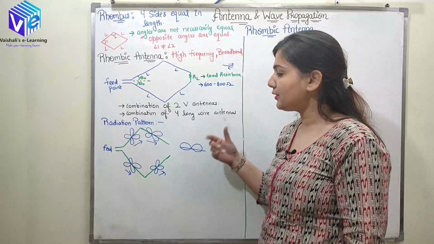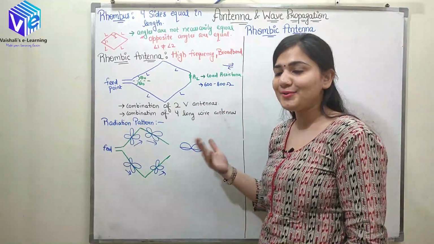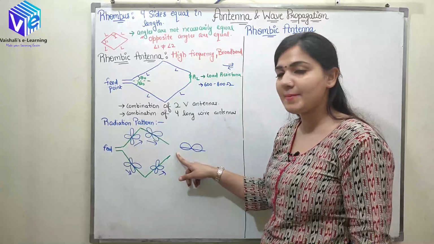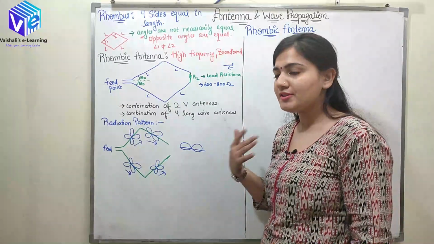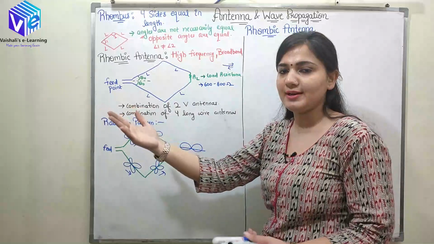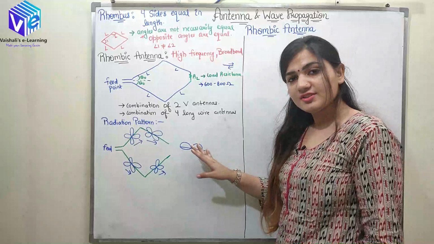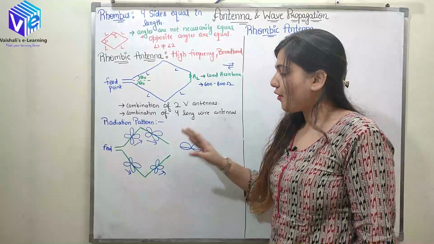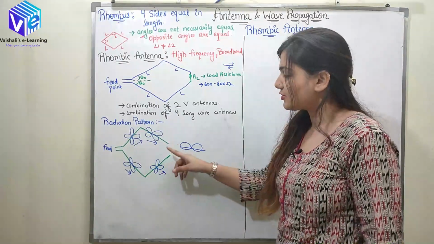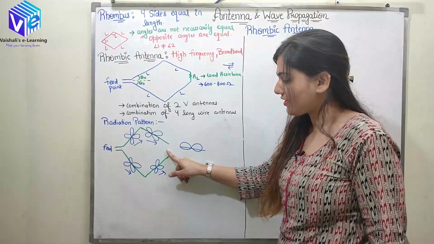So I hope now you understand why load resistance is present. I don't require the radiation on the back side. Why? Because if I am communicating to a person, the person is on the front side only. I don't require the radiation to come back to me as well. So this is the radiation pattern of a rhombic antenna which is not terminated by any load resistance.